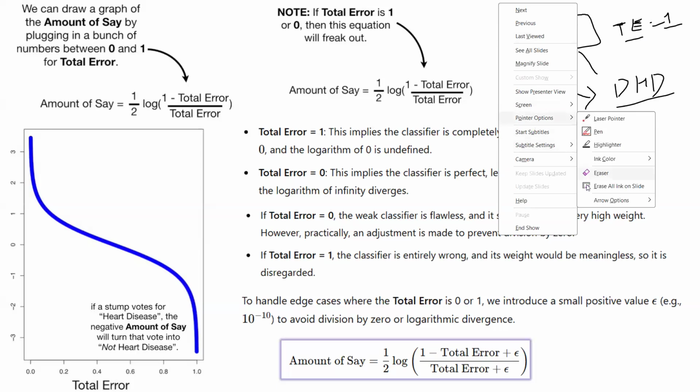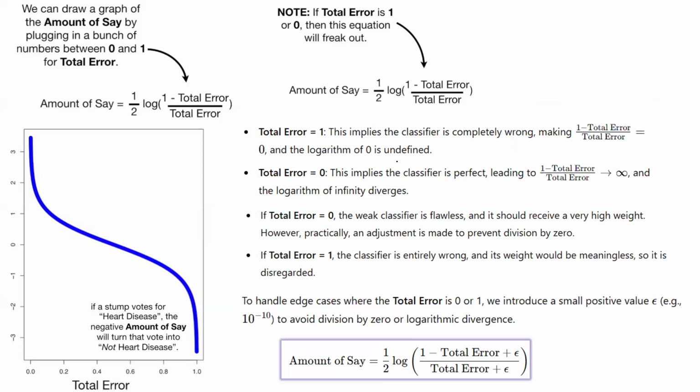Okay, now if total error is equal to 1, this implies the classifier is completely wrong. When we say total error is equal to 1, the classifier is doing completely wrong and the logarithm of 0 will be undefined. In this case, amount of say will be undefined.